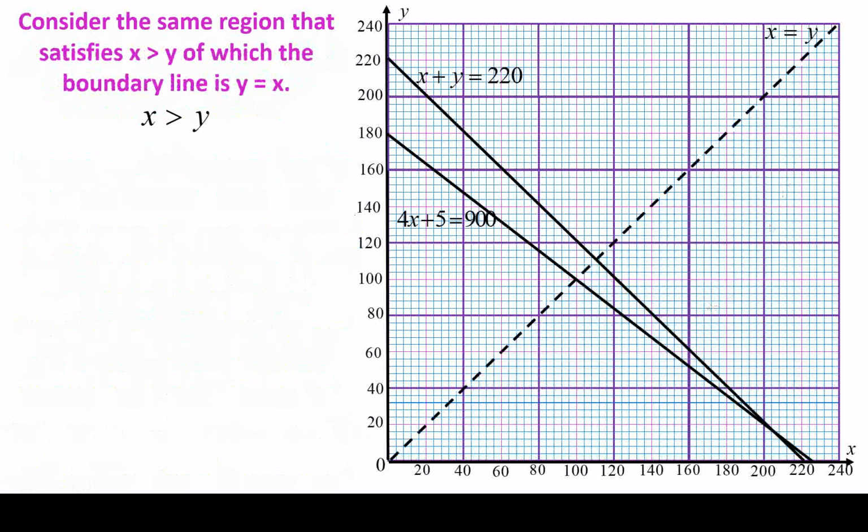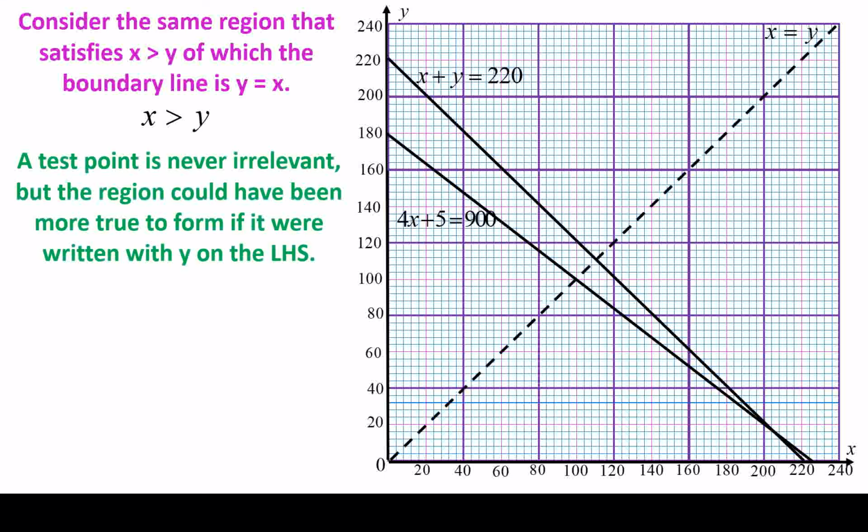Now consider the same region that satisfies x is greater than y, for which the boundary line is y is equal to x. A test point is never irrelevant, but the region could have been more true to form if it were written with y on the left-hand side.